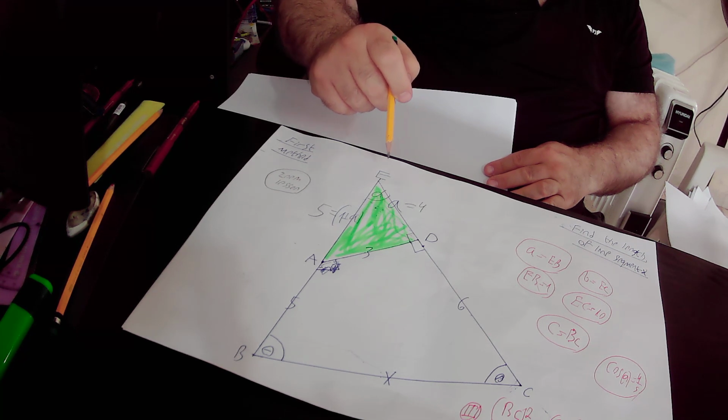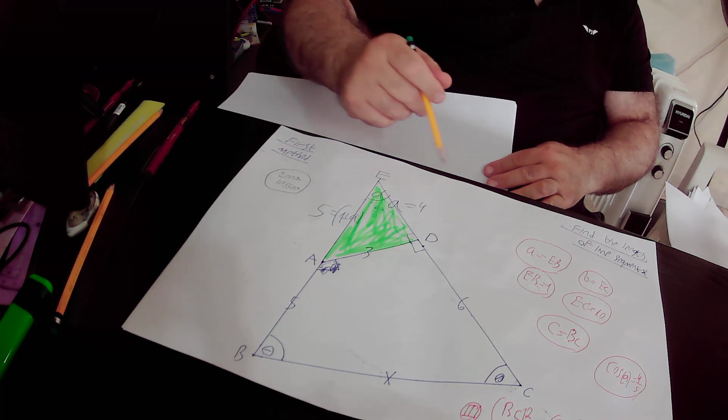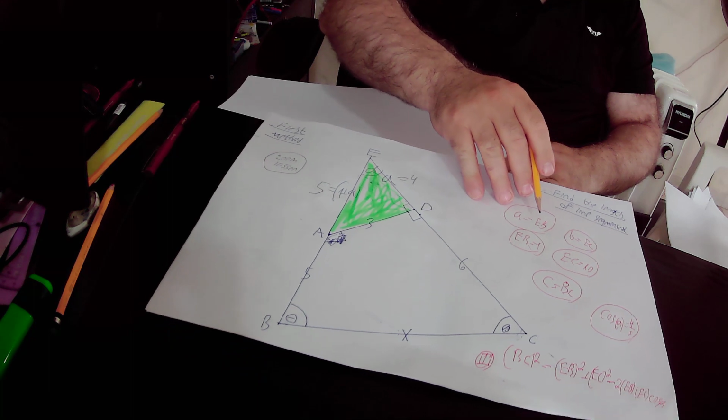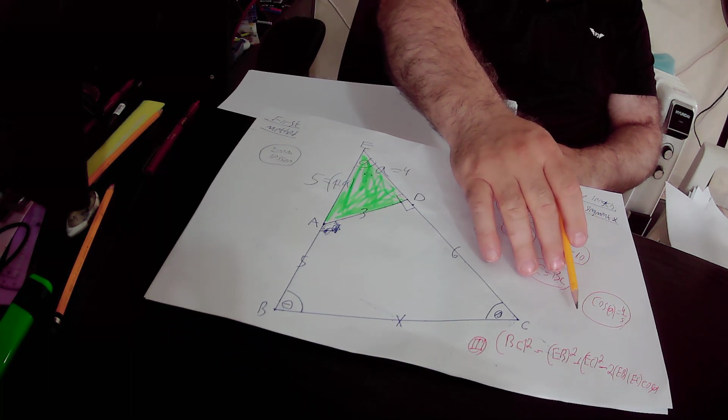EB equals 10, so EB squared is 10 squared, that is 100, plus EC squared.